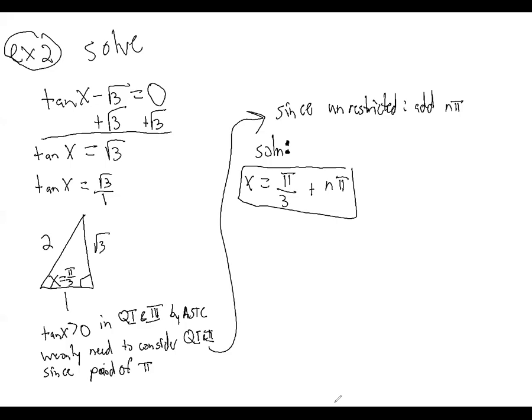So again, both of these problems did not have any restrictions. All it said was solve. So when all it says is solve, you have to add in this n pi or 2 n pi, always. And this is a very common mistake people make on handwritten tests moving forward. Since we're taking tests in my math lab, this might be less of an issue. We will see.